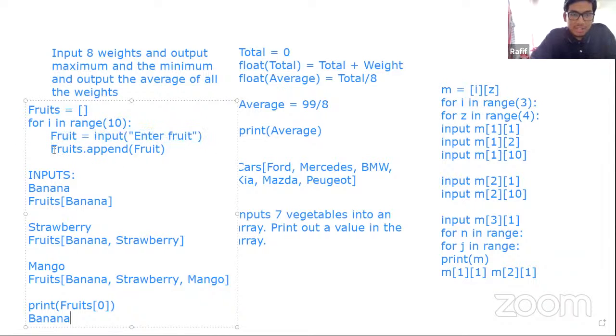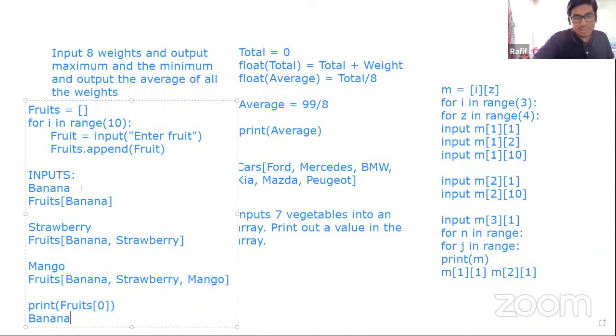And this statement right here, fruits.append: fruits is the name of the array because I named it fruits. And what dot append does is whatever's inside this bracket is going to be put at the end of the array. So in this case, it's going to put the variable fruit at the end of the array.